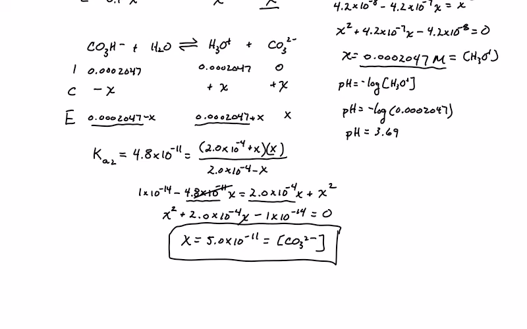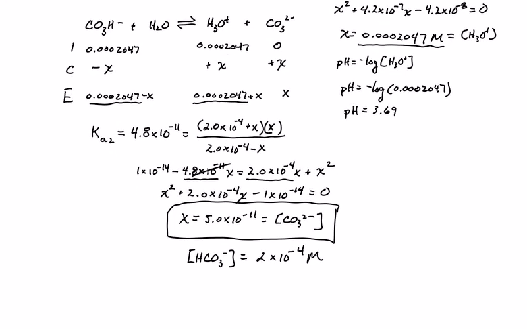The 5 times 10 to the negative 11th is just an insignificant value compared to the others. Okay, so that means that at the end of this equilibrium, the concentration of HCO3 minus is going to be equal to 2 times 10 to the negative 4th molar, actually 2.0.